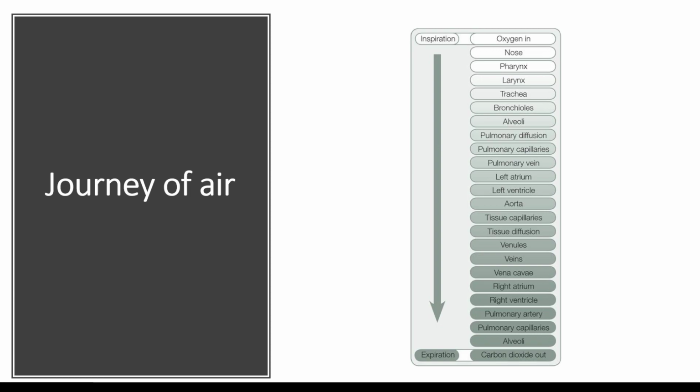But what you're looking at here is the journey of air, combining the two lectures from today. So we're looking at the whole process from when we breathe in to then looking at the circulatory process of how that blood goes around the body, what structures the heart is going to go through, all the way back to us breathing it back out of the body. So if you want to take a screen grab of this one, it may help when it comes to your revision.